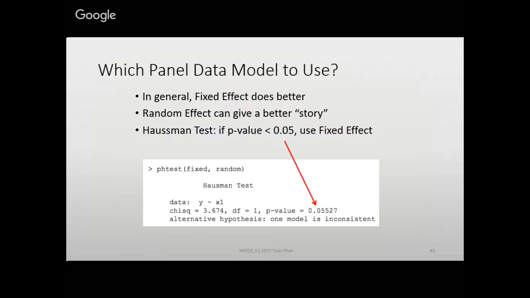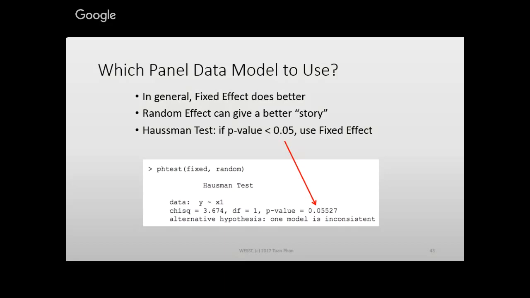There is a test, called a Hausman test, that tells you whether the fixed effect or random effect model works better. Basically, if the p-value, which is reported from R, is less than 0.05, then use fixed effects. In practice, I've found that about 99.9% of the time, fixed effects are preferred. But the other thing that I did, sometimes in my research, is report the main result as a fixed effect, and then say, maybe there is something time invariant that we're interested in.